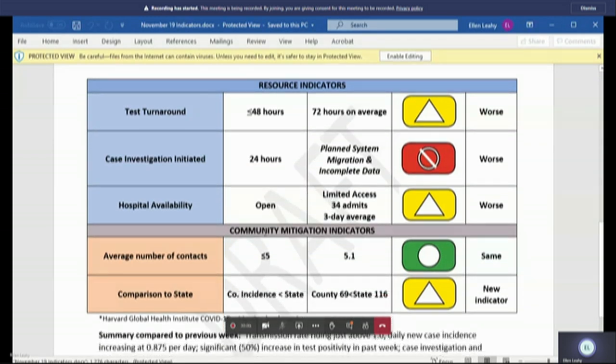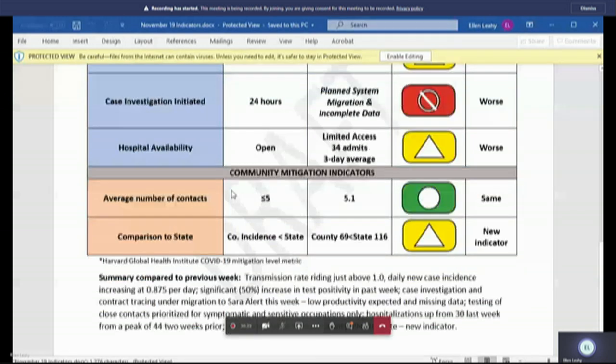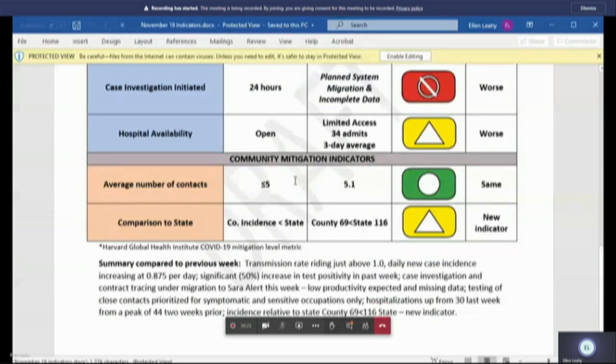Our average number, I've renamed this category and added something to it, as I told you we would be doing. And I do work with the epidemiological team at U of M, as you know, for expert consultation. We are looking for measurements that indicate the different types of mitigation measures, everything from masks to distancing to the different types of school hybrid activities as opposed to full cohort, excuse me.